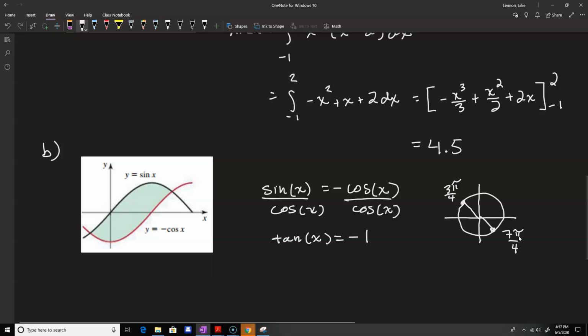Technically, there's infinitely many solutions to tangent of x equals -1, but we're just looking at those two in particular based on this graph. So basically for us, actually they're using the -1, so we should probably start there as well. So think about not 7 pi over 4, they're using negative pi over 4 here. So we're going to use x equals negative pi over 4 or x equals 3 pi over 4. Then we just do the integration.